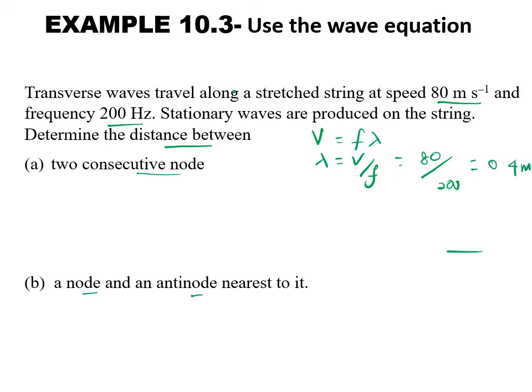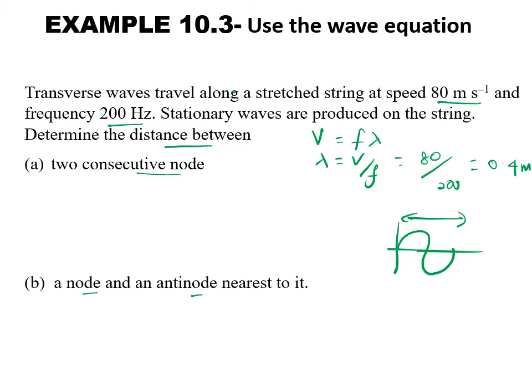So this means that the lambda is the distance from node to node, or we can also say crest to crest or trough to trough.